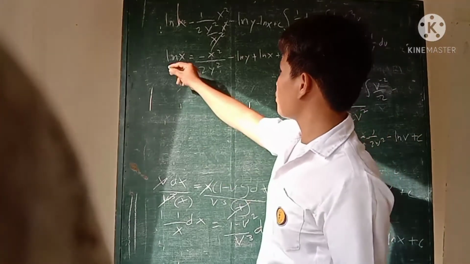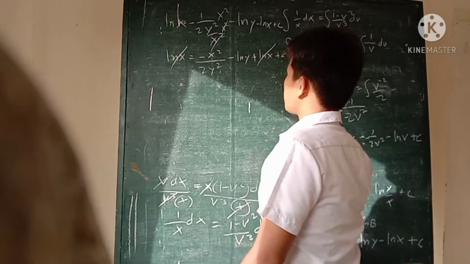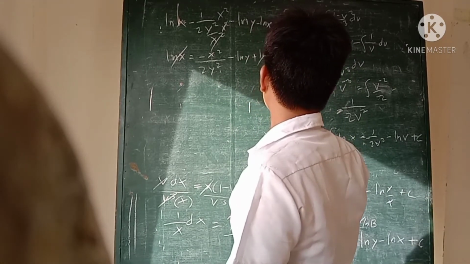Since they are the same, cancel. So the remaining is negative x squared over 2y squared minus ln y plus c.